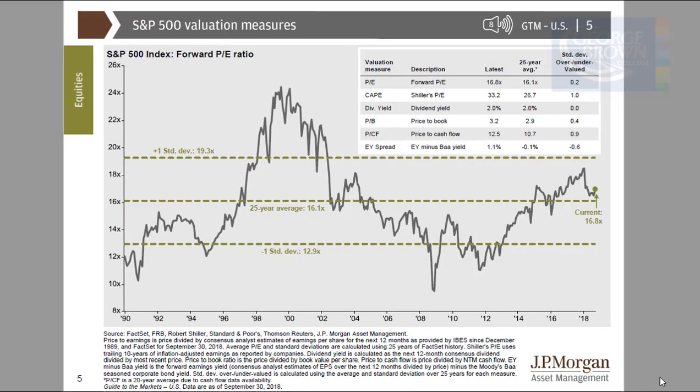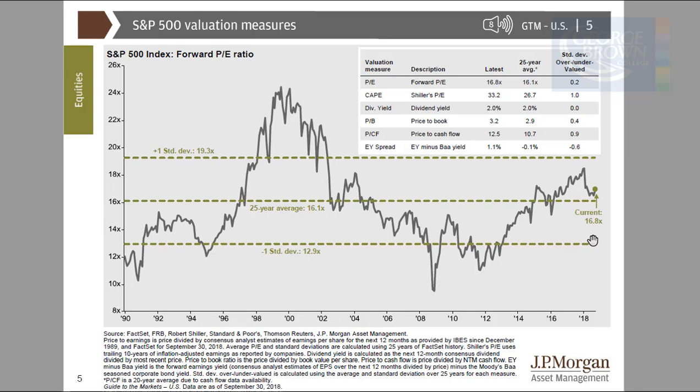So just very quickly, looking at the JP Morgan Guide to the Markets as at September 30th, 2018, you can see here's a chart of the S&P 500 index looking at the forward PE ratio. We won't get into more detail about the forward. Anyhow, it's a PE ratio, okay? And you can see that the 25-year average is 16.1 times.